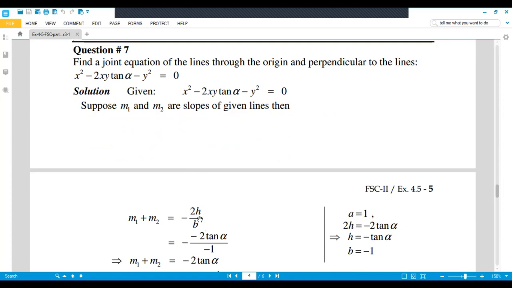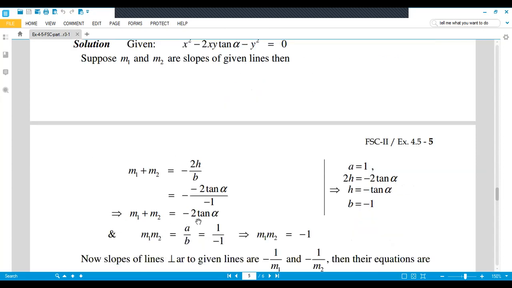The value of 2h is the coefficient of xy, minus 2 tangent alpha, and the value of b is the coefficient of y square, that is minus 1. So we get m1 plus m2 equal to minus 2 tangent alpha.